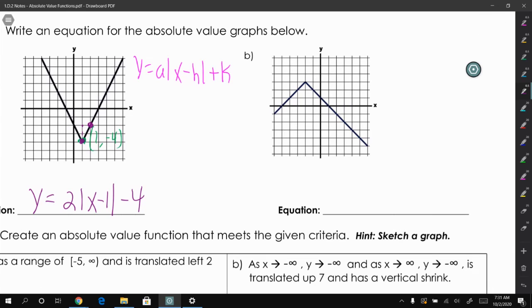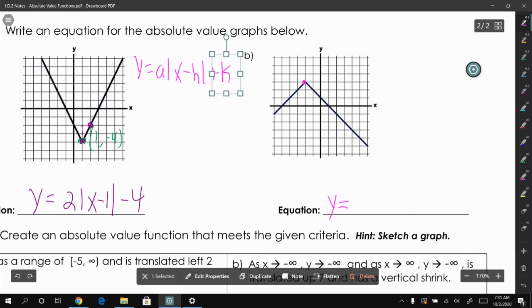Now in example B, we see that this absolute value function is pointed downwards. So again, let's find our a, h, and k. So h is -2. Our k value is positive 3, because our vertex here is at (-2, 3).